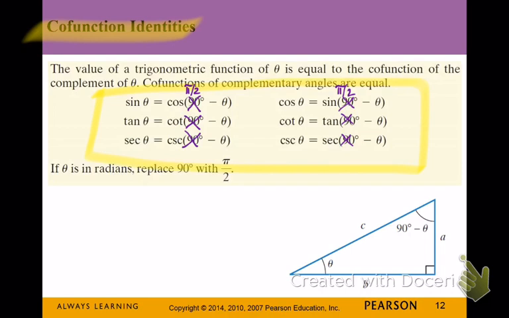Essentially all these say is that sine goes with cosine, tangent goes with cotangent, secant goes with cosecant. They're called cofunction identities because complementary angles would be congruent with both of those. And I'll talk about what I mean by that in just a minute.